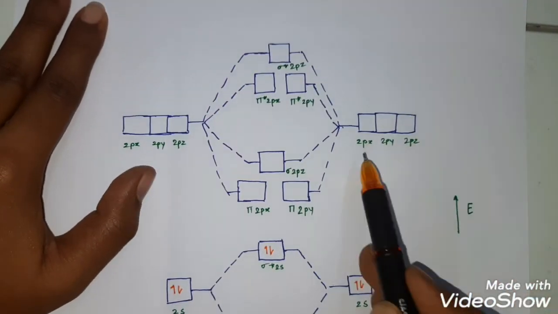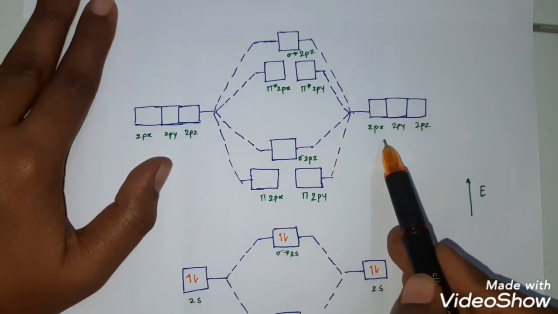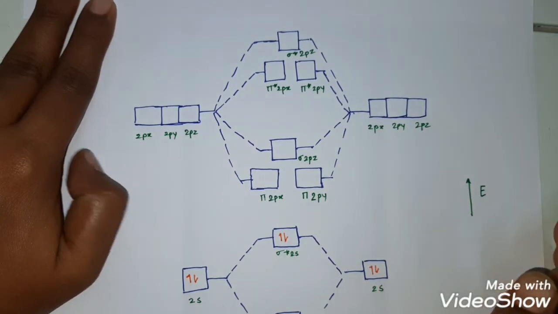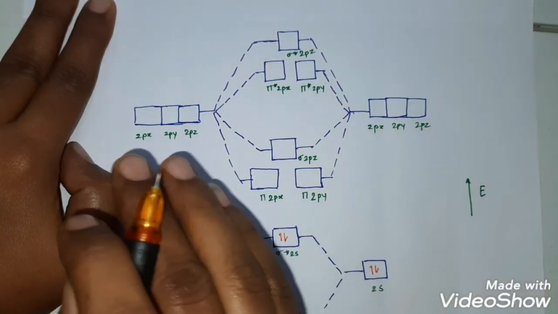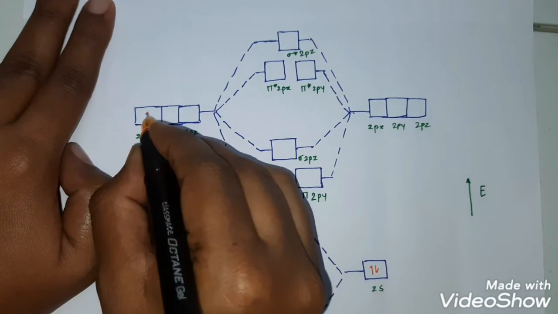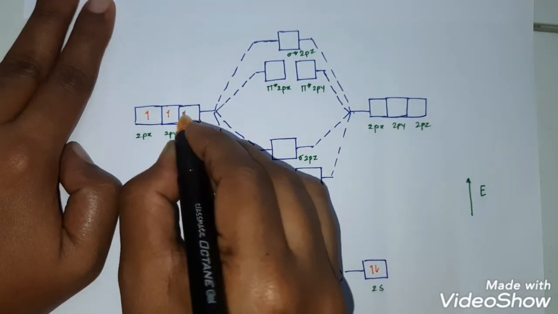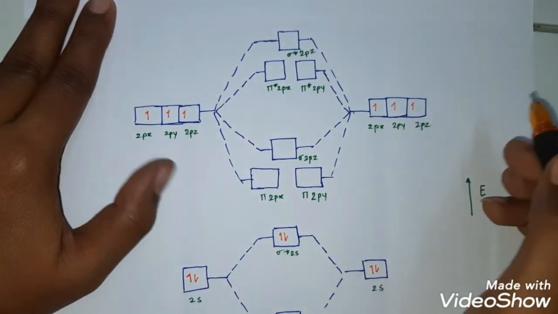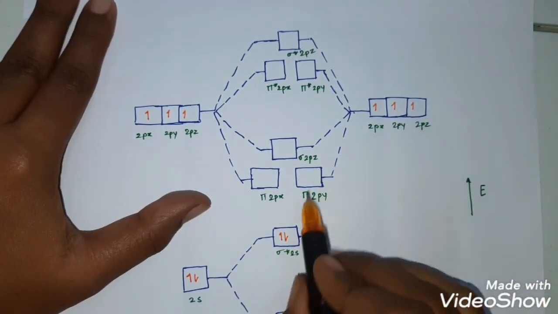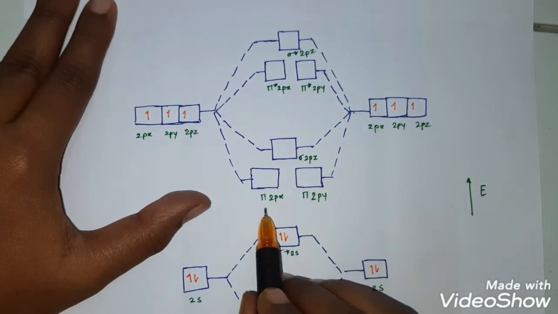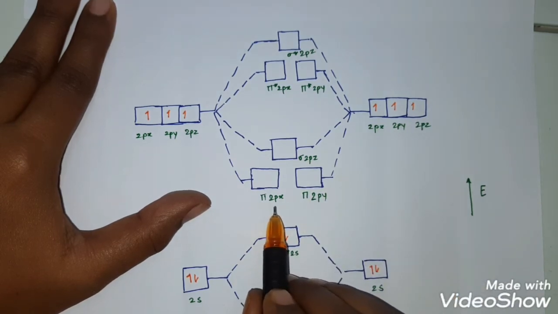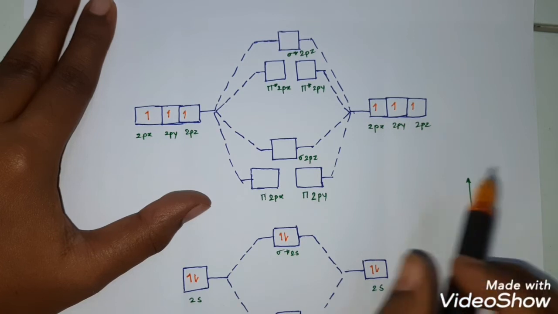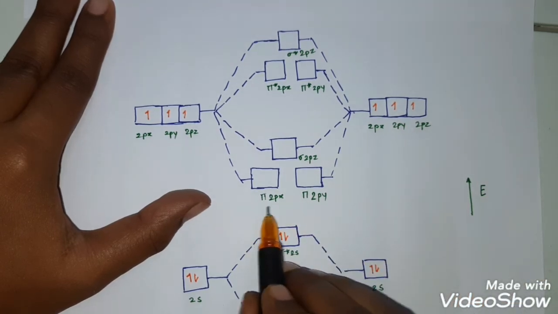Now we have the 2px, 2py and 2pz electrons from both nitrogen atoms. Here is one electron in each of 2px, 2py and 2pz, and the same for the second atom. Now we know that there is formation of pi bonds in nitrogen, so there are 2 pi bonds.